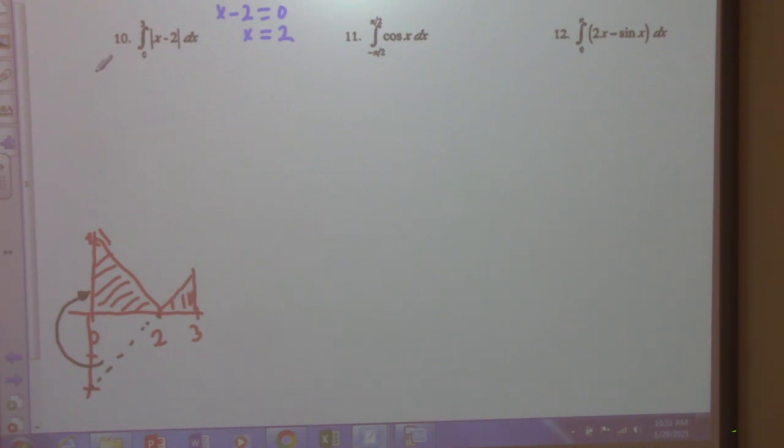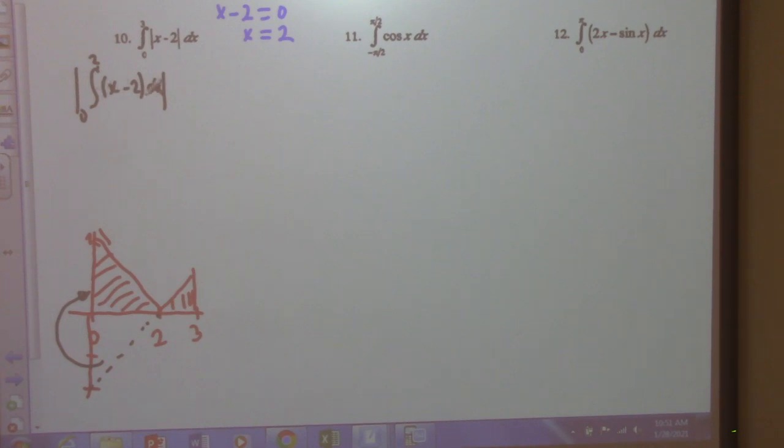So you can write it as absolute value of the integral from 0 to 2 of x minus 2 dx. So you got to take the absolute value of this.